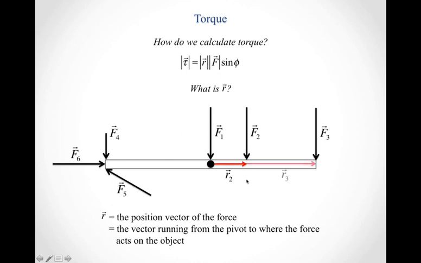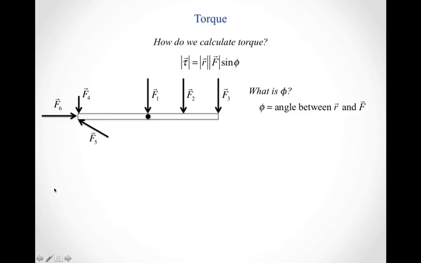Force 3 acts over here at the right end of the rod, so its position vector again runs from the pivot all the way out to the end. Forces 4, 5, and 6, because they act at the left end of the rod, all have the same position vector. So it runs from the pivot out to the left-hand end of the rod for forces 4, 5, and 6. So that's r.